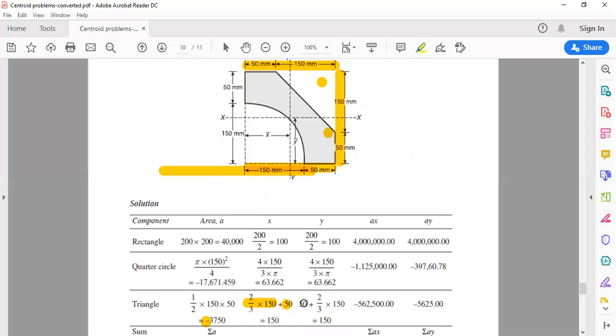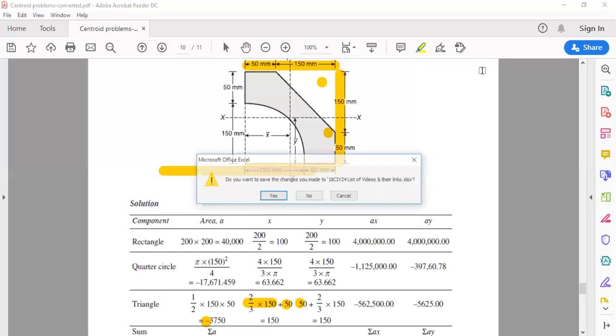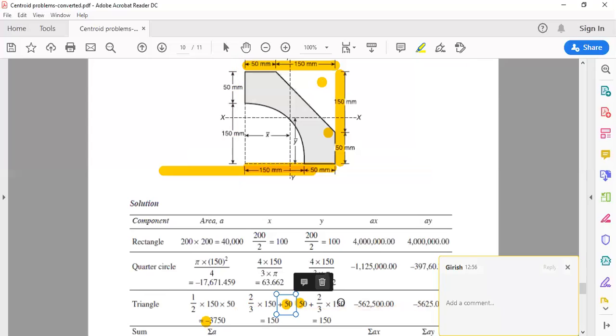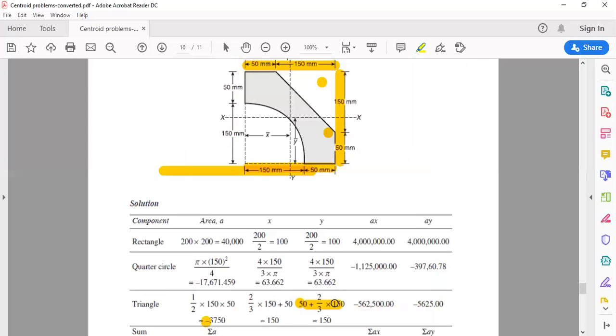So it is 50 plus from apex to CG, it is 2/3 of the total length, which is 150 mm. So it is 50 plus 2/3 of 150. So this value is y bar of right angle triangle.